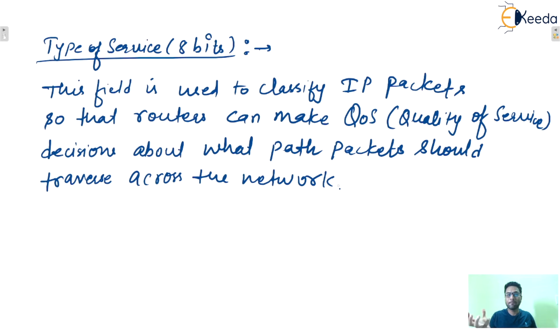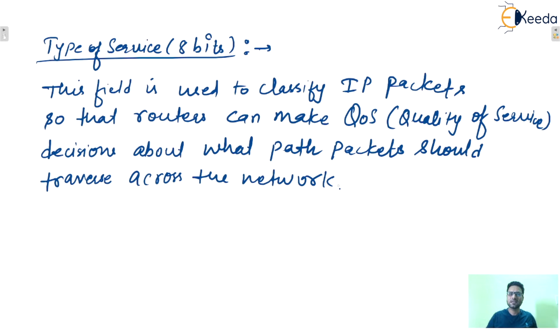Sometimes, let's say this is an important, urgent packet, so it should be forwarded fast. So this packet should be traversed through higher bandwidth. Sometimes it should be traversed through a link which has lower bandwidth. So type of service means what type of service should be provided by the router, or in which path this particular packet should be traversed.